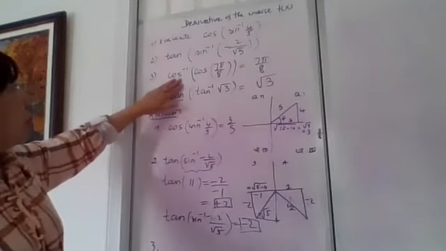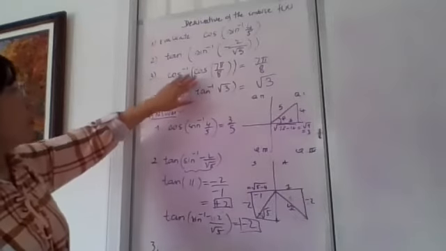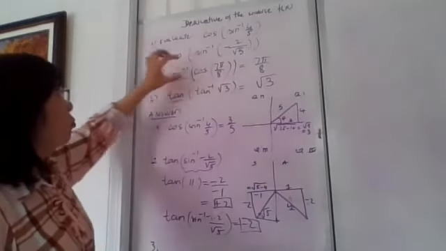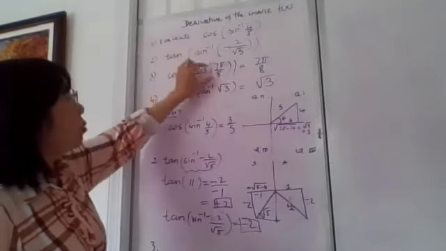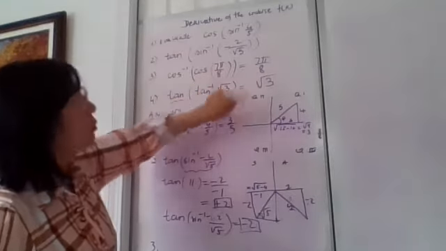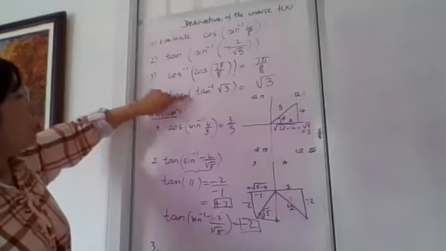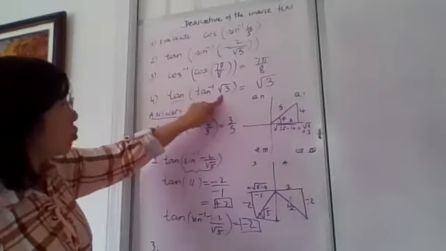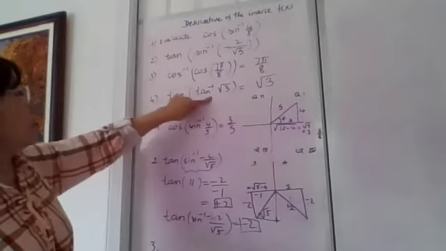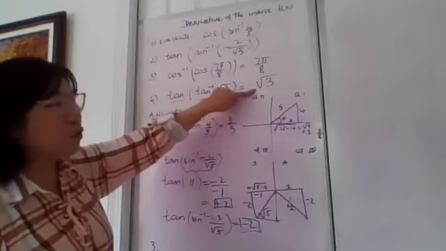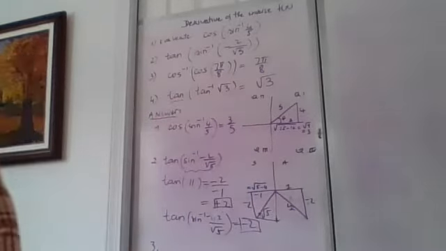Just remember, the ratio of the inverse of the angle is the angle itself. And tan is the ratio of the inverse of this ratio, so it's just the ratio itself. So it's square root 3. I hope you have a clear concept about that, right?